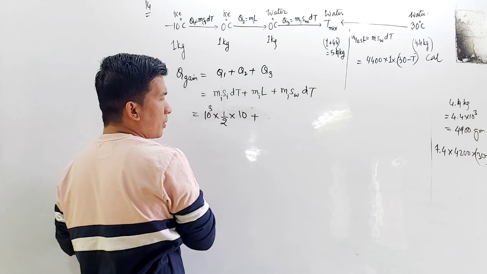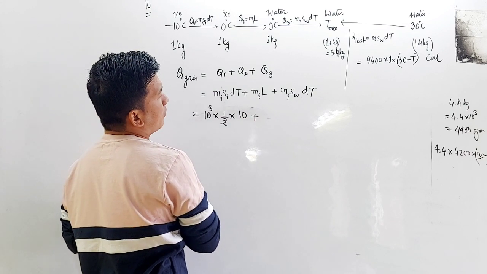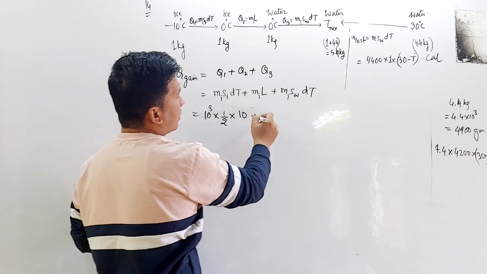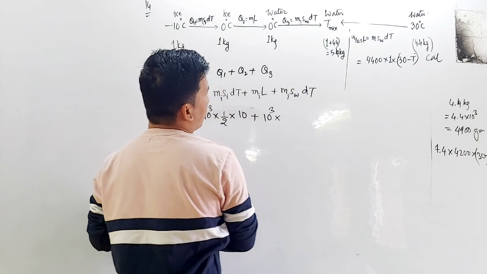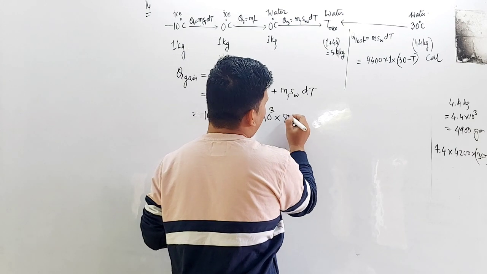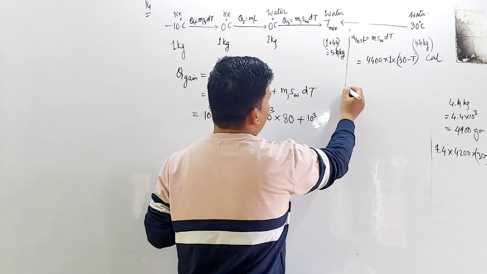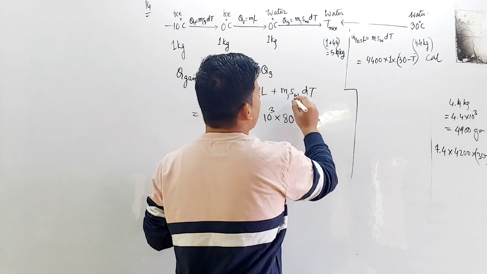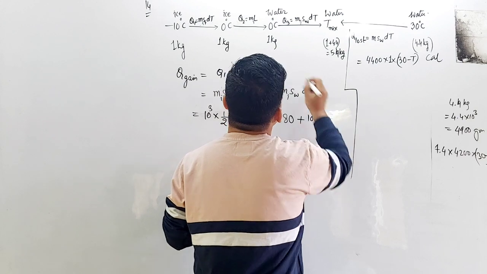Next, the mass is 10 to power 3 into latent heat of fusion, which is 80, plus mass 10 to power 3 into specific heat of water, that is 1, into change in temperature.